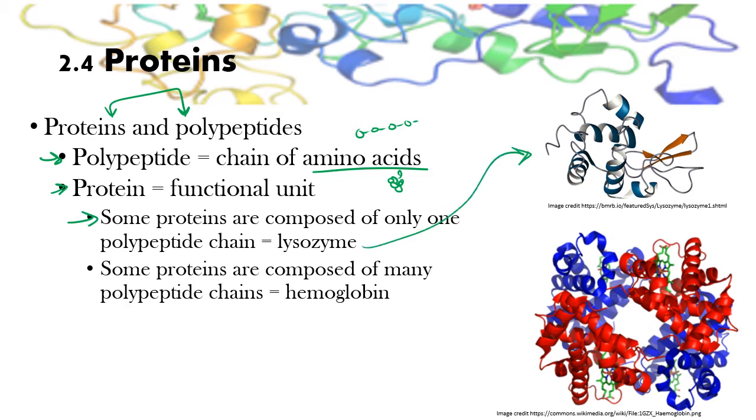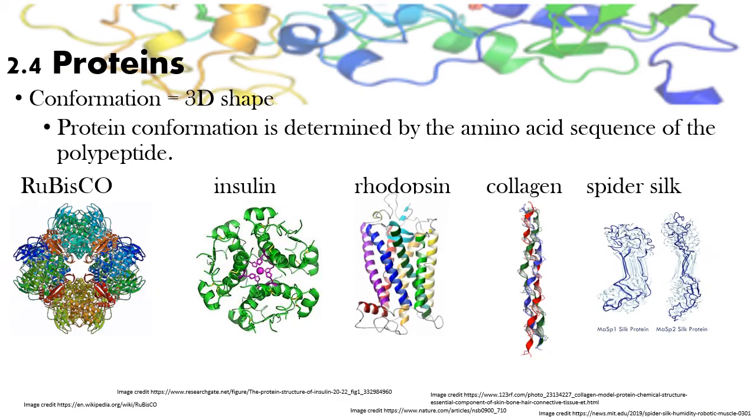Some of our proteins are composed of several polypeptide chains that are held together. Hemoglobin, which carries oxygen around the blood on our red blood cells, is composed of 4 different polypeptide chains. So I have 1, 2, 3, 4. 4 different polypeptide chains are held together to make this functional protein.